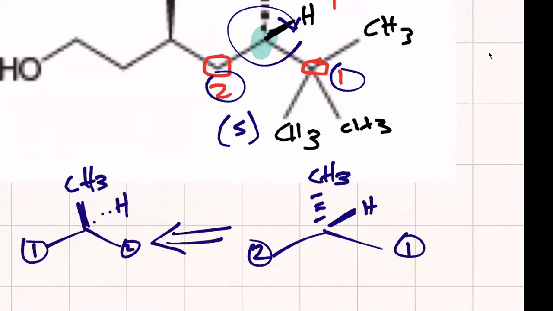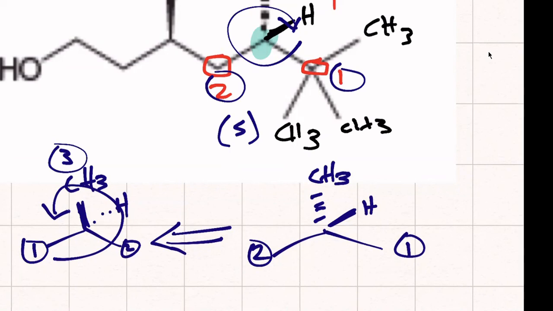You following? Now, what's the configuration? You see now it's counterclockwise? But there's a way to avoid that step, and it's just to remember the rule of thumb that if H is pointed out, then you reverse the configuration. You following?